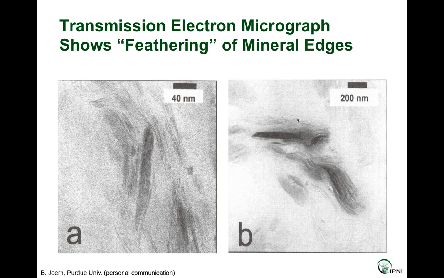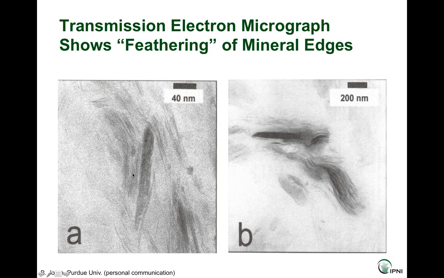I just wanted to show you actual images of some of these minerals to show you how varied they can be across very short distances, and how those distances between the layers can be highly varied.